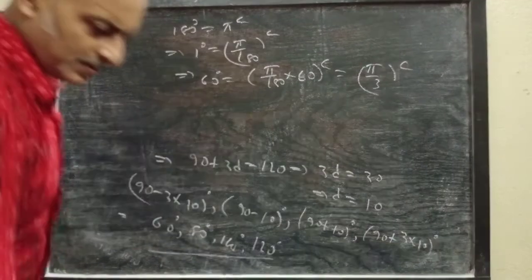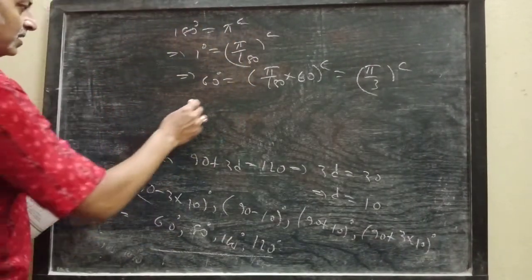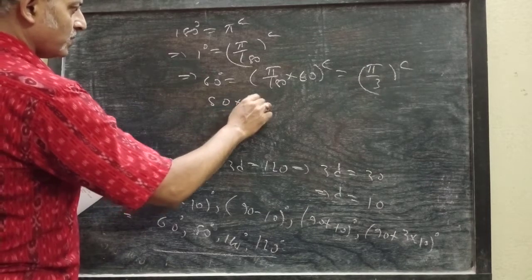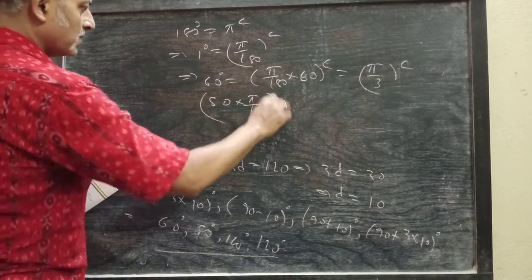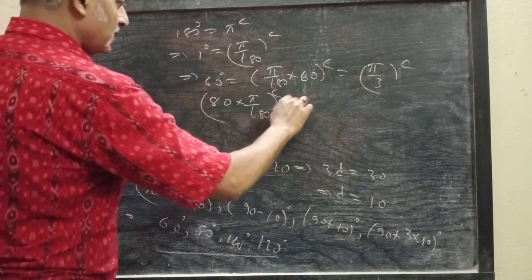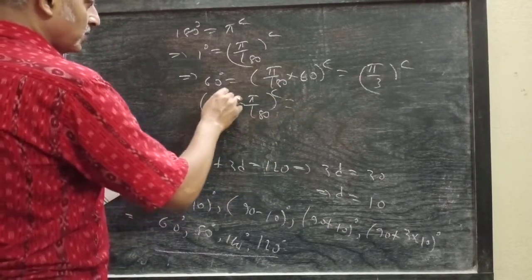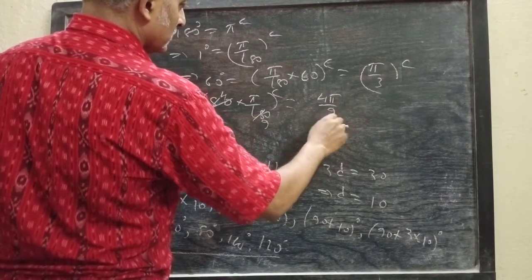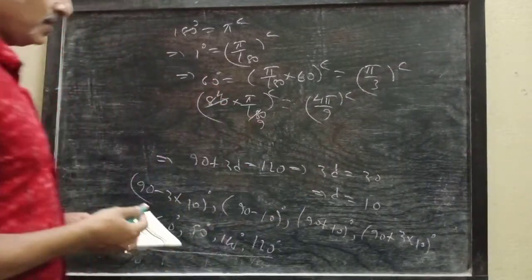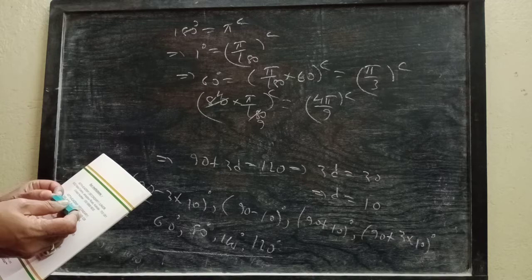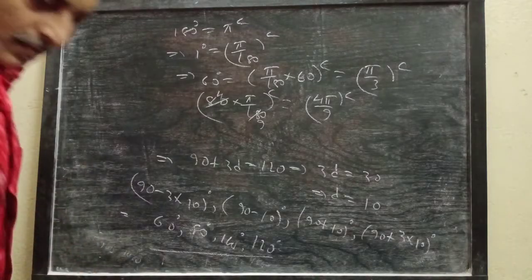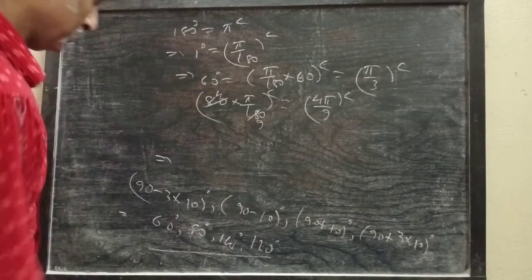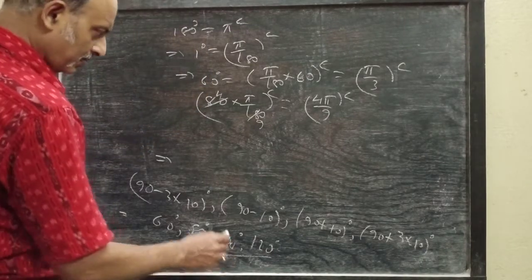Our next angle, that is 80 degrees. This will be of measure 80 into pi by 180 radian, that is 4 pi by 9 radian. Next angle, 100 degrees.